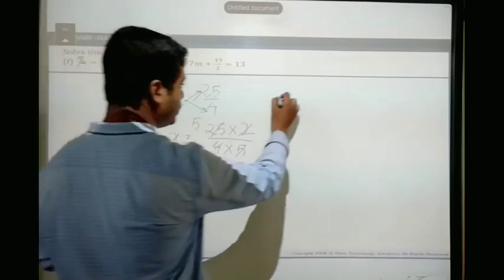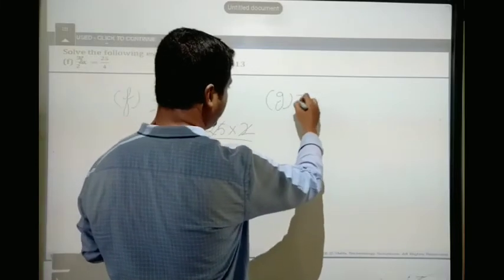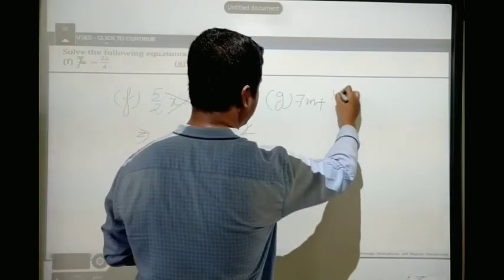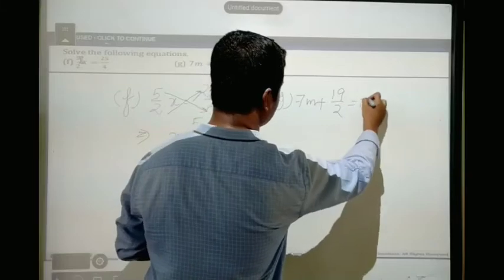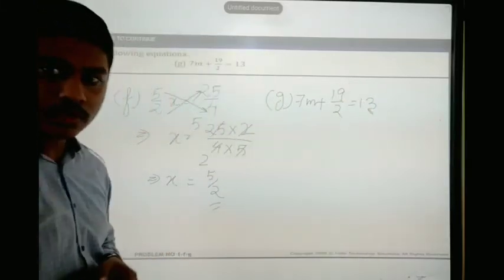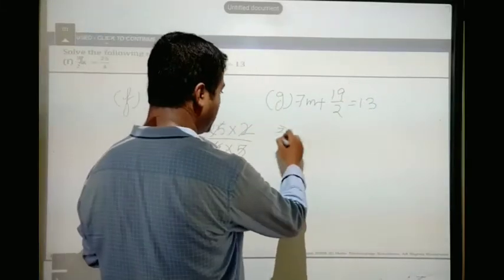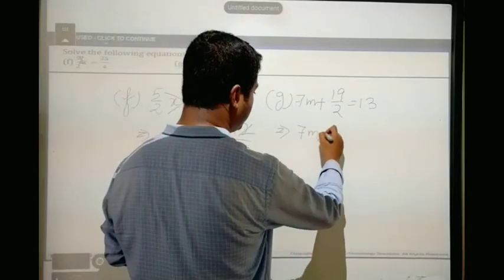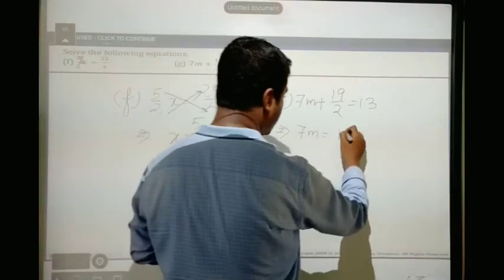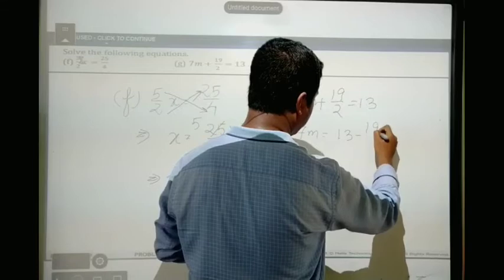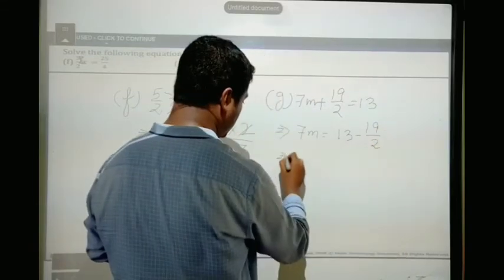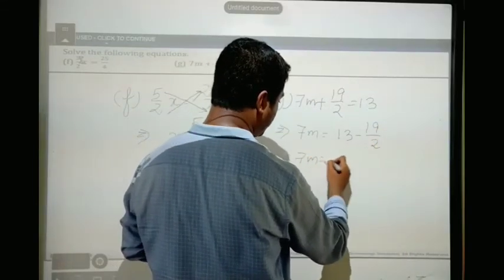Let us see question number G. 7m plus 19 by 2 is equal to 13. Okay. This implies put 7m on the left hand side, the other terms you put on the right hand side. 13 minus 19 by 2. Now we need to solve the right hand side first.